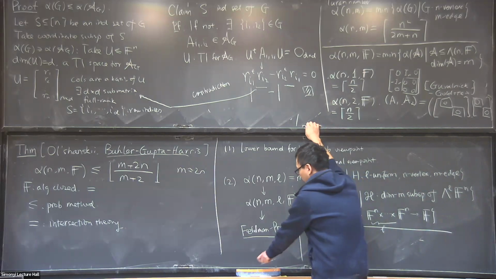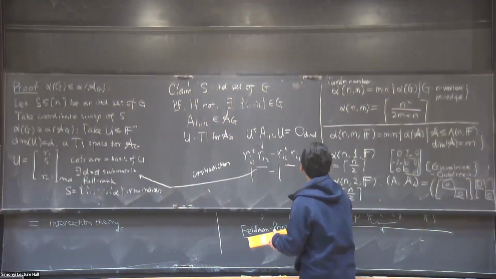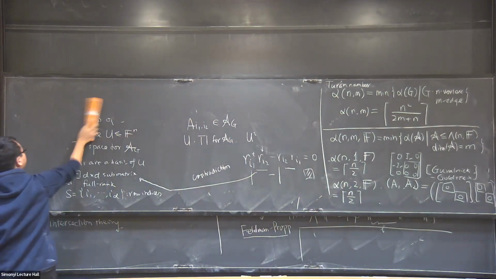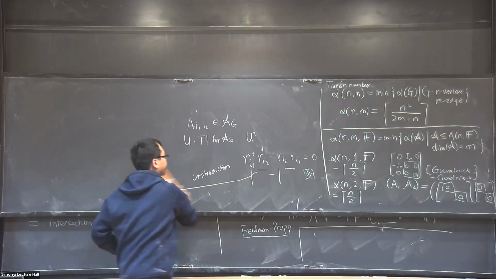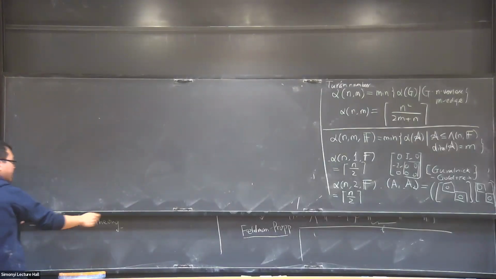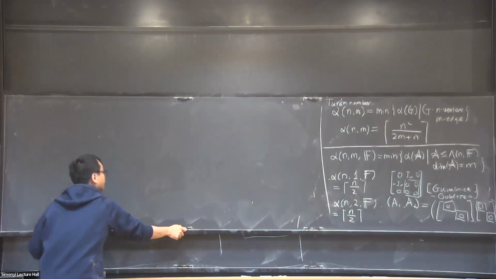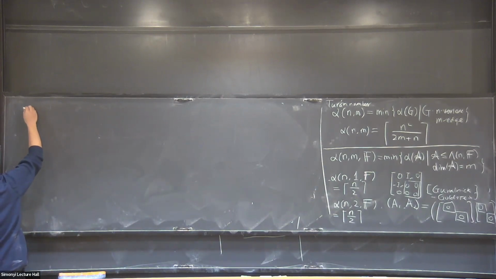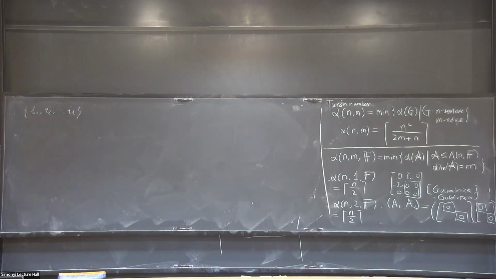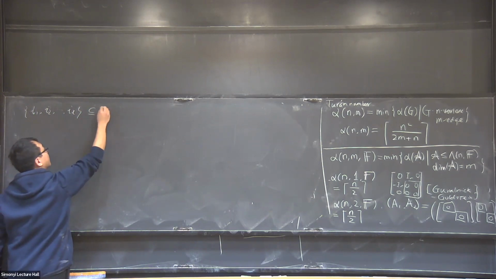The last connection I'll tell you, if I can finish, is this: if you have, for example, I1, I2, up to Il, this could be an edge in the l-uniform hypergraph, a subset of [n].